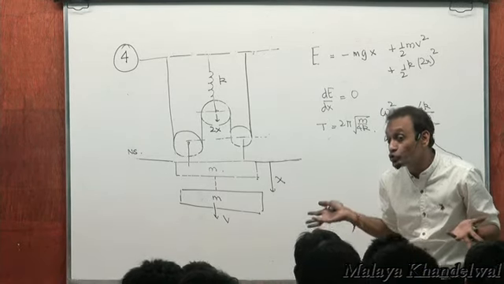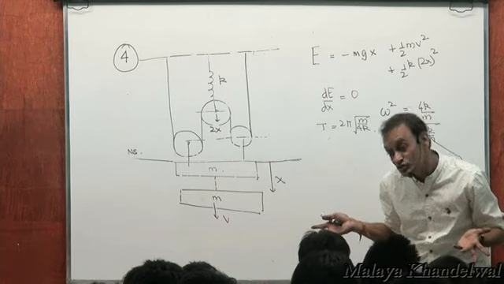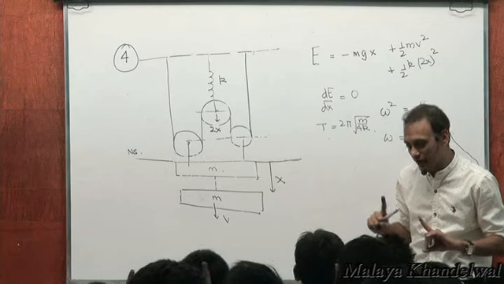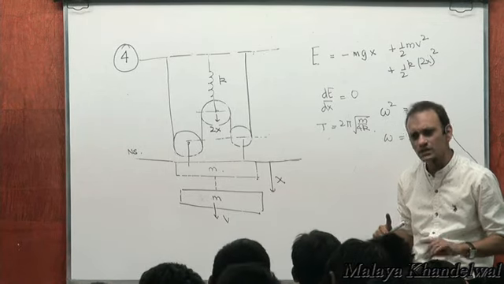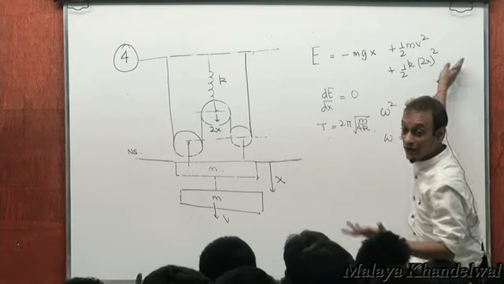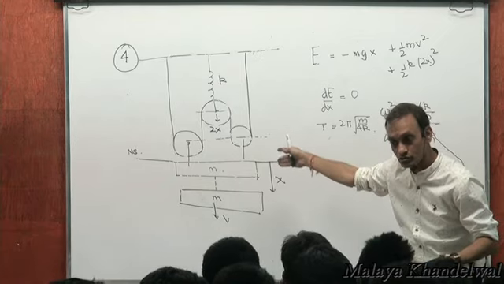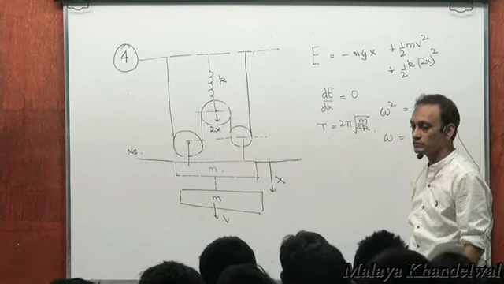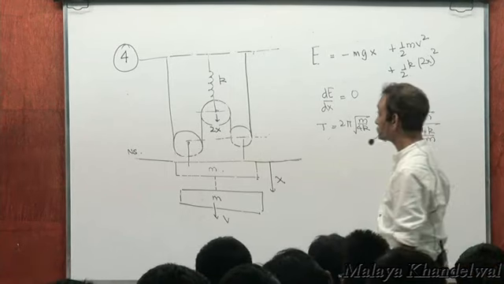Then we would also have to take the kinetic energy of the spring. So in this case we are assuming an ideal massless spring and ideal light frictionless pulleys. Otherwise I would have to write the kinetic energy of the pulleys also.